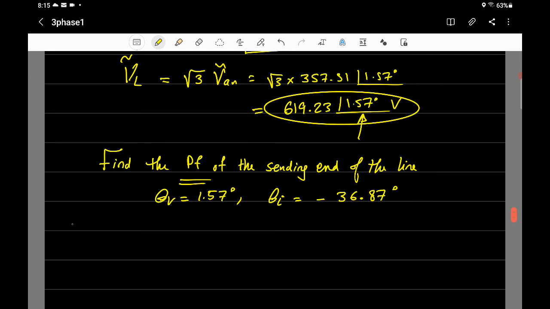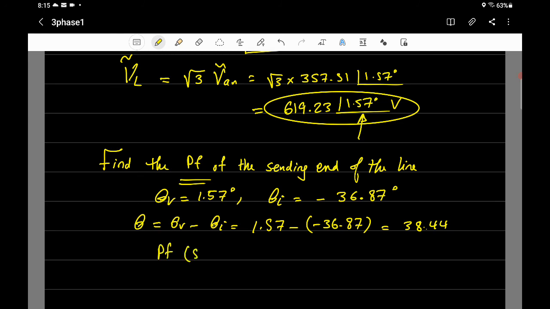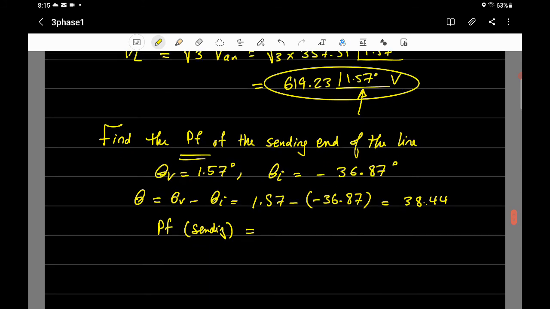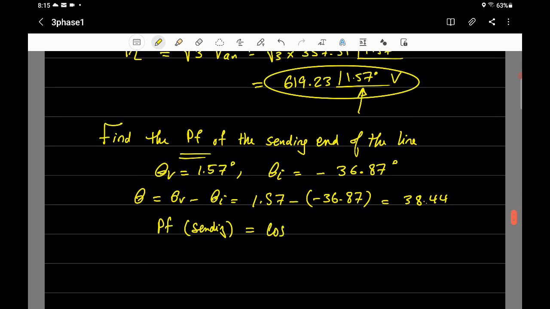So at the sending end, theta is equal to theta V minus theta I. So it'll be 1.57 minus negative 36.87. You get 38.44. So the power factor at the sending end, not at the load, is equal to the cosine of the angle theta.